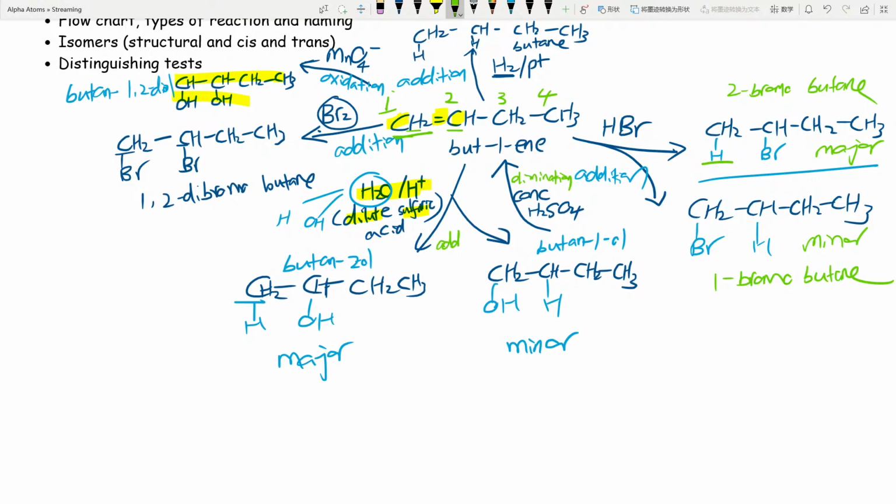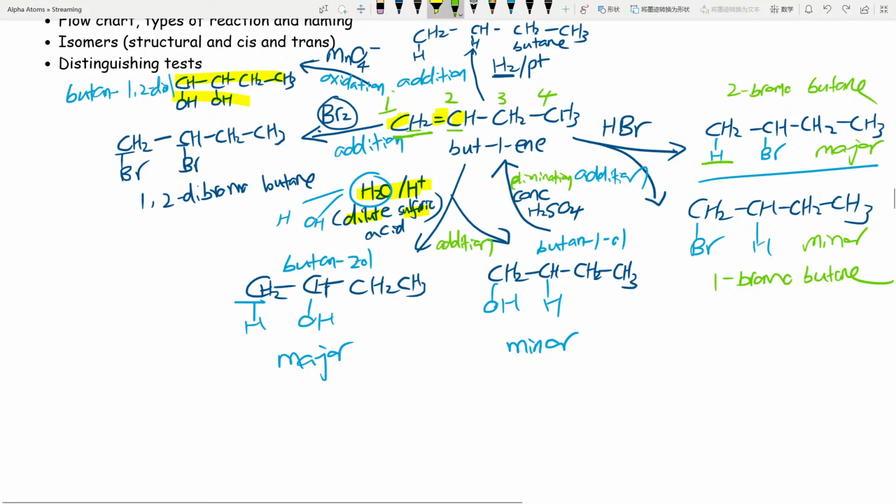So when you go back to an alkene, you are making an elimination reaction. I'll do that section a little bit later. For addition reactions, you're breaking the double bonds. For elimination reactions, you're making the double bonds.